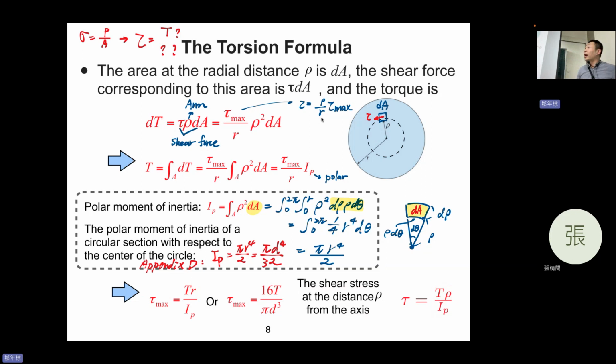So now we know the relationship between tau and T, the torsion formula. That's it. We obtain exactly the same kind of relationship as sigma and P, now for tau and T. So you can see that tau and T are related by IP over r.